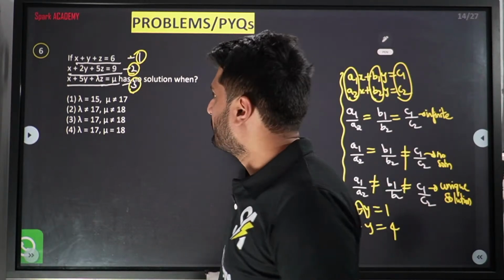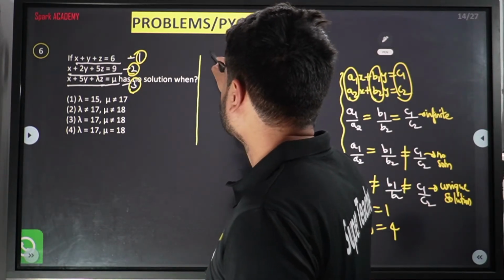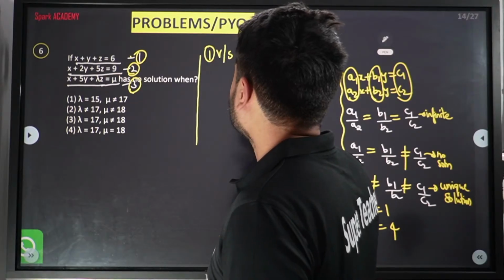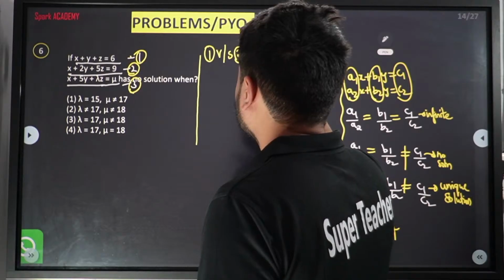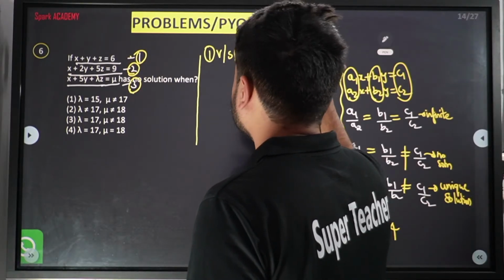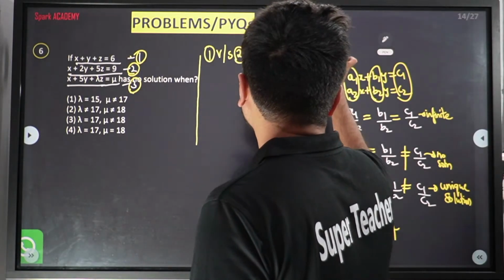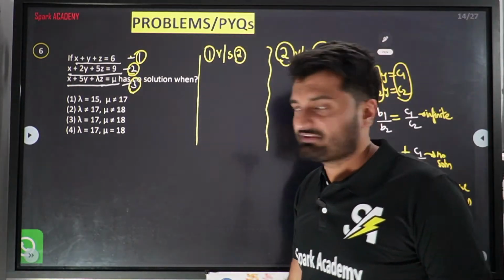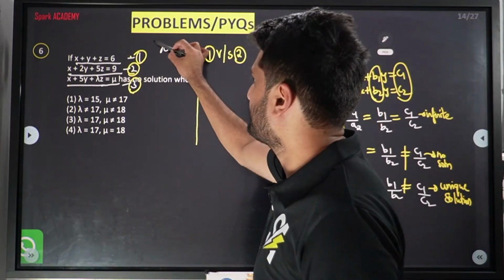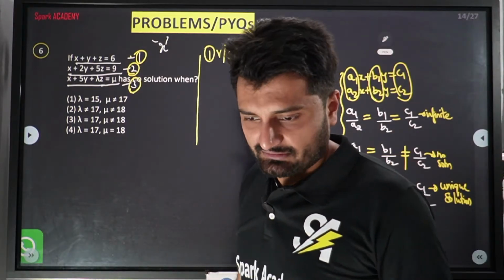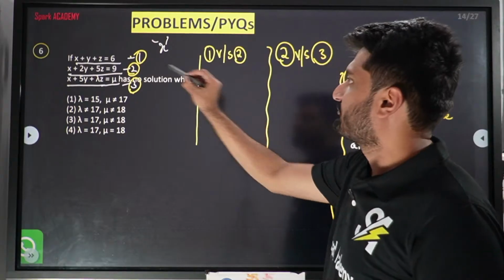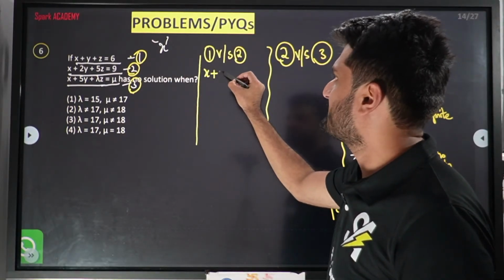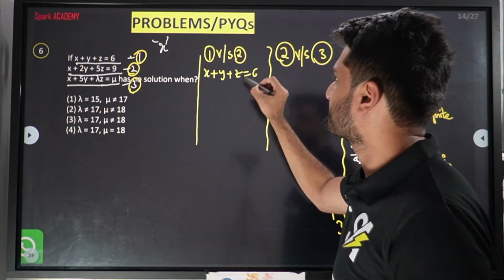Let us call these equation 1, equation 2, equation 3. First, I will match 1 versus 2, and also 2 versus 3. For 1 versus 2, I want to eliminate x. So how will you do it now? The first equation is x plus y plus z equal to 6.